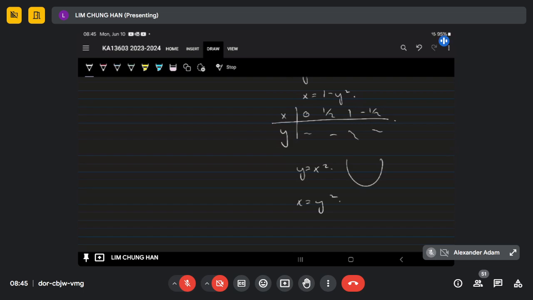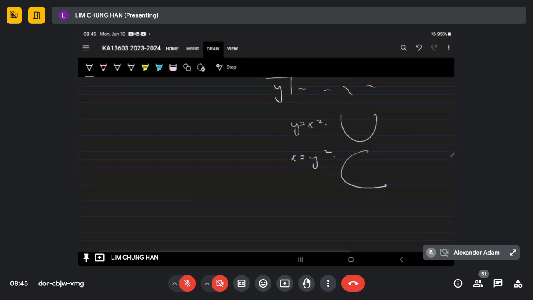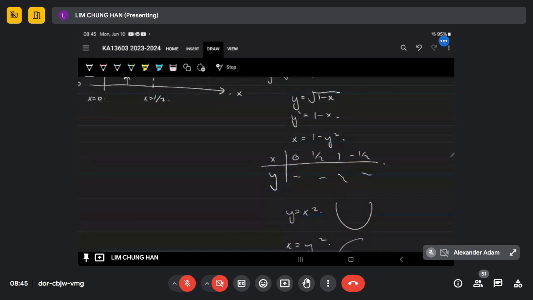C, yeah. x equals to negative y squared is what shape? The opposite side of C. Is that right? Yeah, so that is x equals to negative y squared.